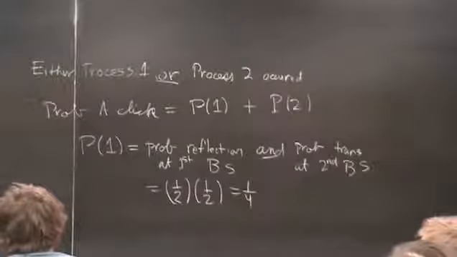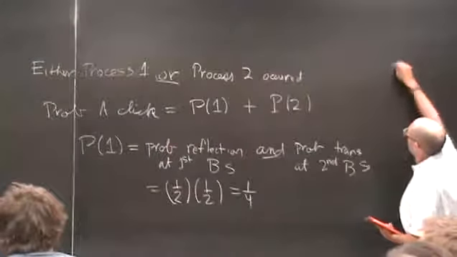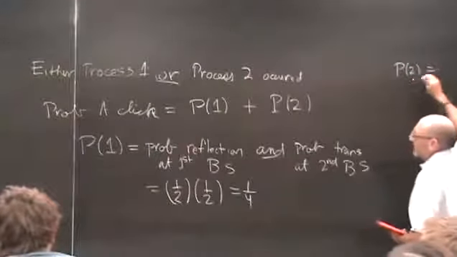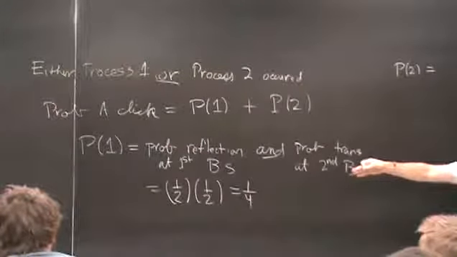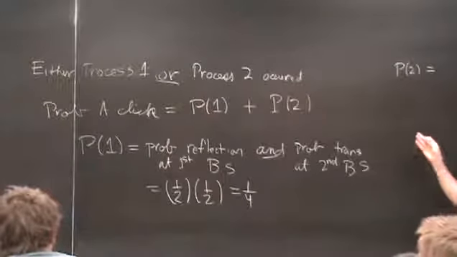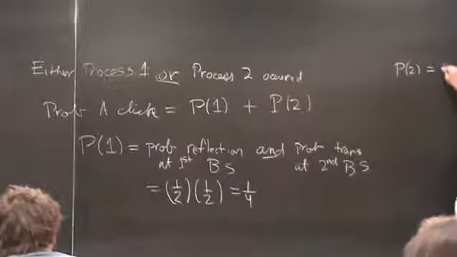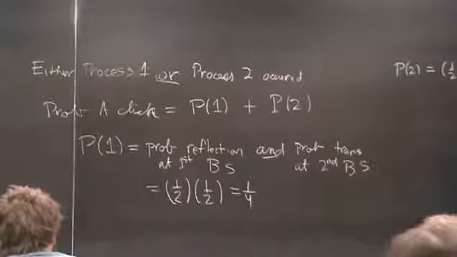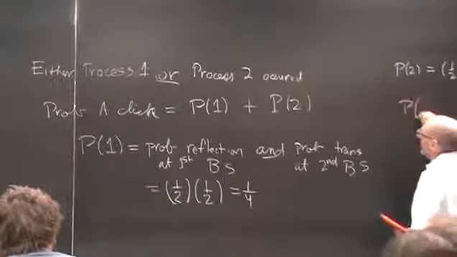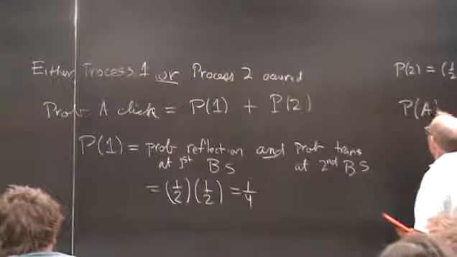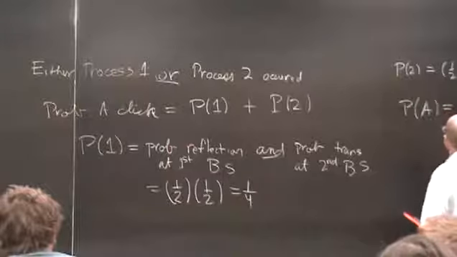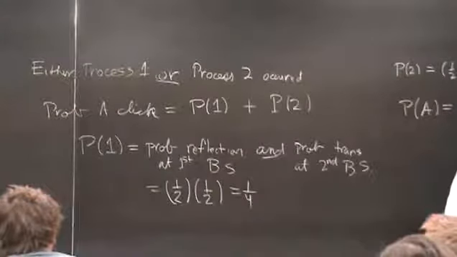Okay? And the probability for process 2 happening is the same kind of thing. It's the probability of transmission at the first, and then reflection at the second. And so that's a half times a half, a quarter. So classically, logically, we would say the probability that A goes click is this or that, which is a half.